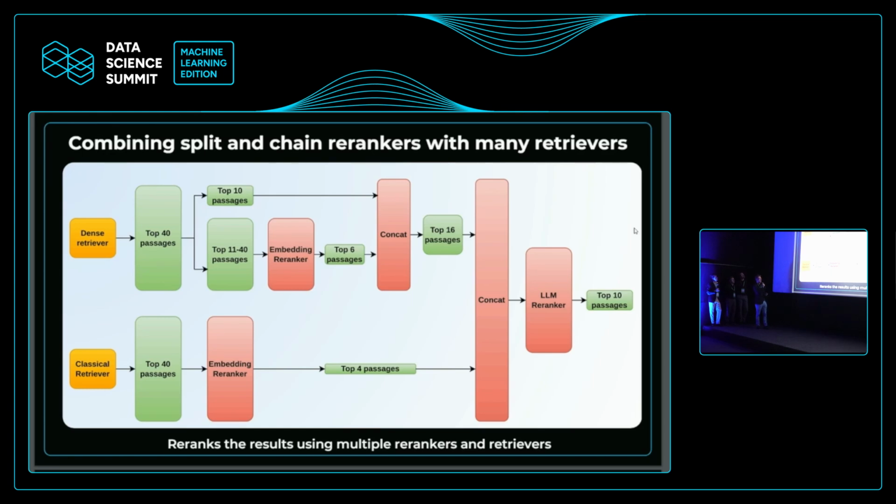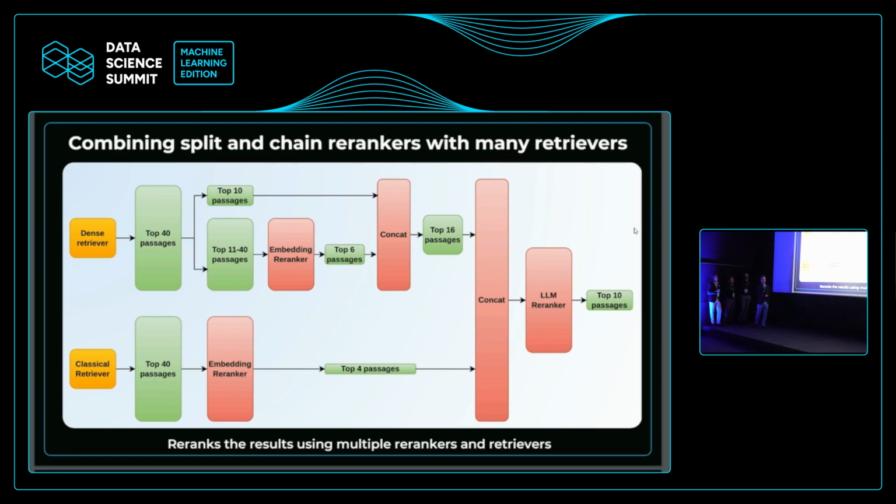All right, so as we previously discussed the ensemble of retrievers, now we can use an ensemble of re-rankers. So in this case, if we would like to start with an ensemble of retrievers, we would need to somehow combine them into a single output. Therefore, I will also be operating on this example. We usually want to have an ensemble of a dense and a classical retriever, a sparse one. So we start with a dense retriever, retrieve more passages than wanted, for example, 40. We split it in order not to introduce that much noise.